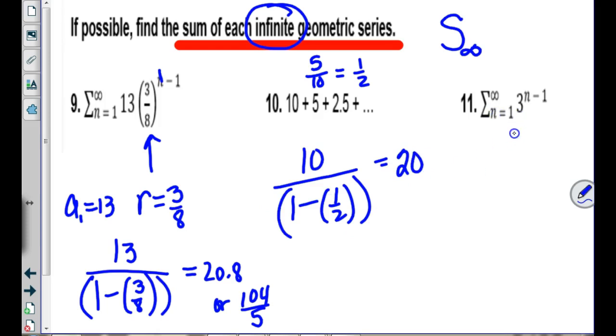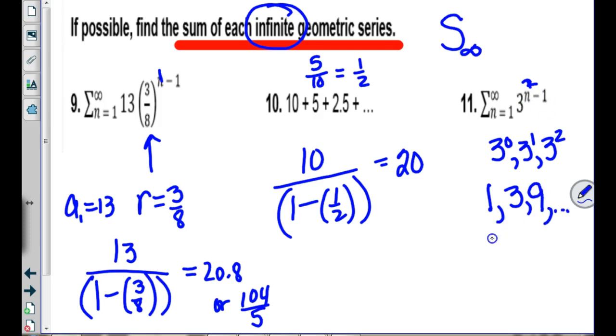This one is not clearly written in the form. If you put in a 1, you will get out 3 to the 0, which is 1. If you put in a 2, you get out 3 to the first, which is 3. If you put in a 3, you would get out 3 squared, or 9.